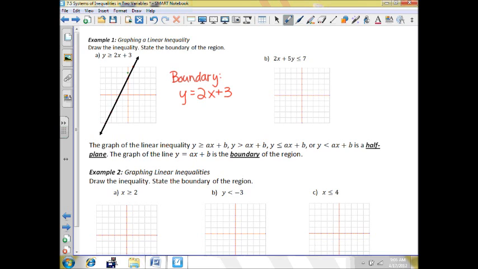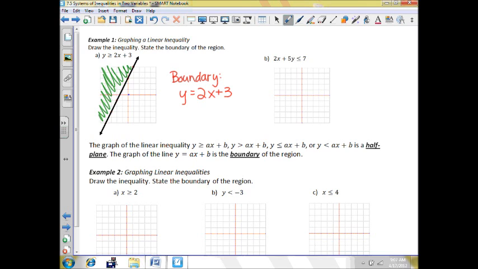Well, if x is 0 and y is 4, you have 4 is greater than or equal to 3. That is your region, so I'm going to shade up here. Now, if you choose the point (0, 0), which is right here, you end up getting 0 is greater than or equal to 3. That is not true, so that's why you don't shade below the line.